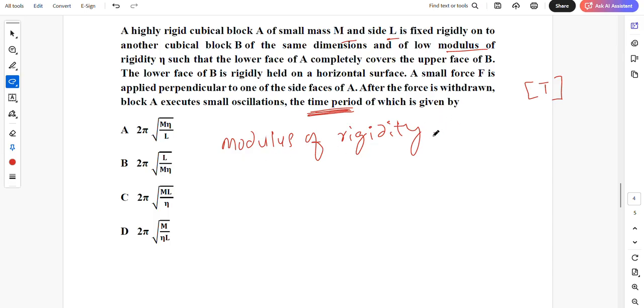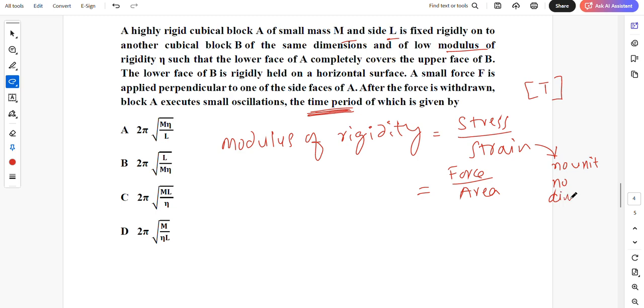Modulus of rigidity is equal to stress by strain. What is stress? Force per unit area. What is the dimension of strain? It is no unit, no dimension. Remember, no unit, no dimension for strain.